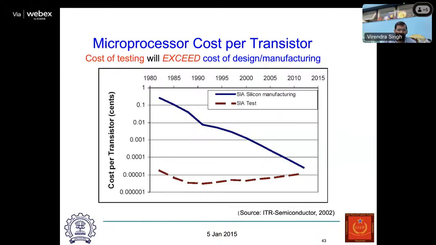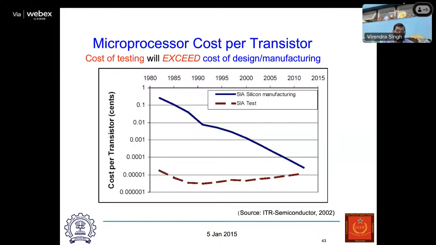Initially, in the 80s or 90s, when the designs were small, there was a big difference between the cost of testing and the cost of design plus manufacturing. However, by 2020 or so, the cost of test almost became equal to the design plus manufacturing cost, because the cost of design plus manufacturing was reducing, and now the costs became almost the same.